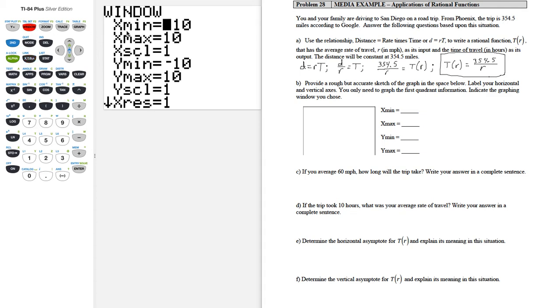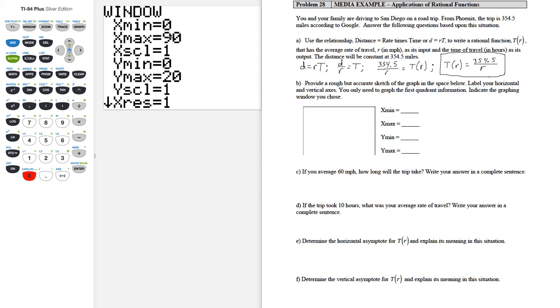Since the input is rate, I'm going to start with 0 and go up to about 90 miles an hour. For my y min, my y value is my time, so I'm going to start at 0 and go up to, it's probably not going to take us that long, so let's say 20 hours.